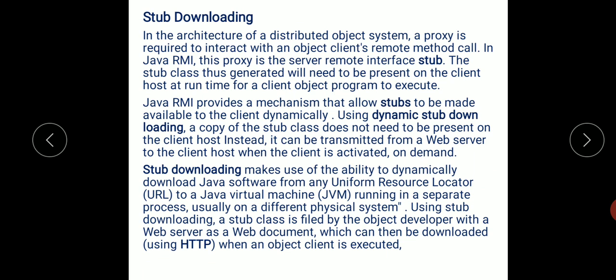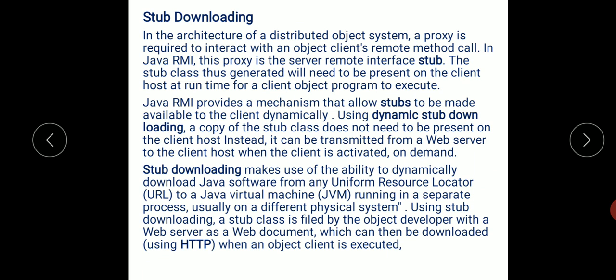But for executing Java RMI applications, we need a proxy on the client host. The stub class does not need to be there always, but whenever it is required, we can download it from the web server.